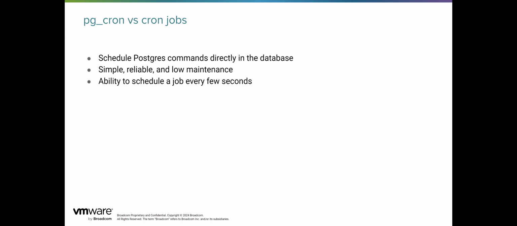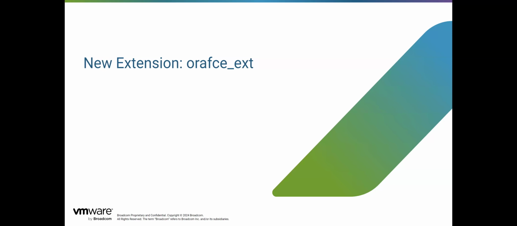This pgcron is for running SQLs and scheduling SQLs and things you're going to run in the database. But there is some more thought about what we could do from a scheduling point of view, and I'm looking forward to seeing that in the future.